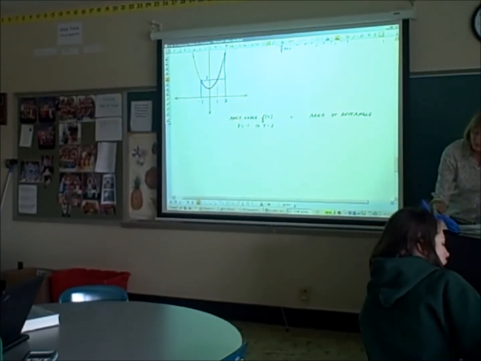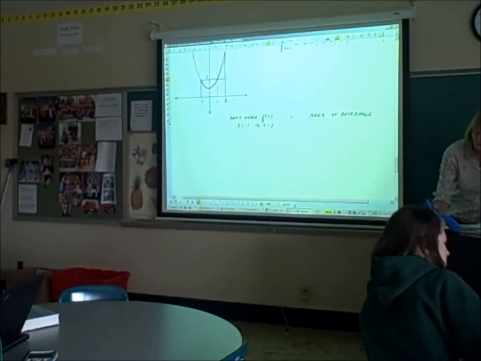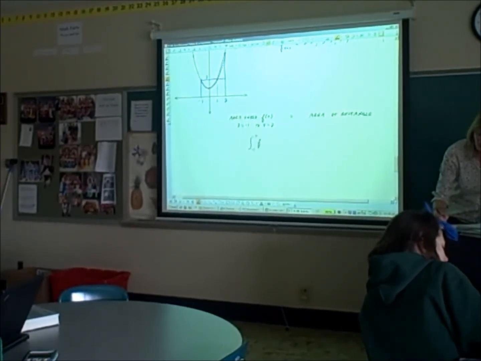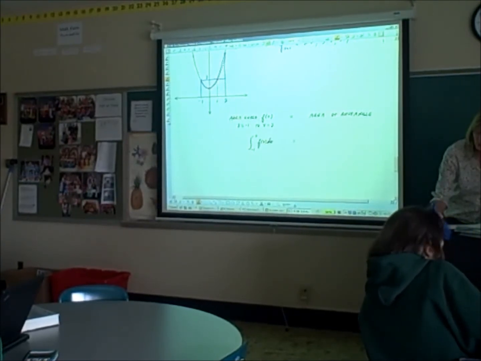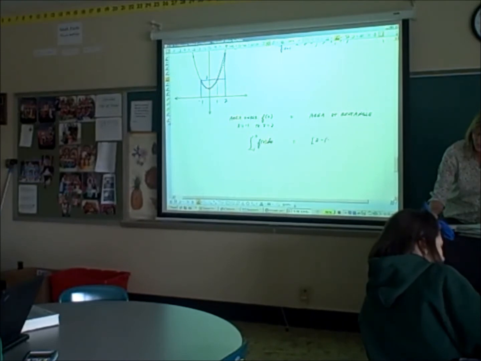So how do I represent with an integral the area under f from x equals -1 to 2? The integral from -1 to 2, just what you were saying before, Aaron. And that's equal to, now how do you find the area of the rectangle? B minus a. Yeah, didn't we do 2 minus -1?